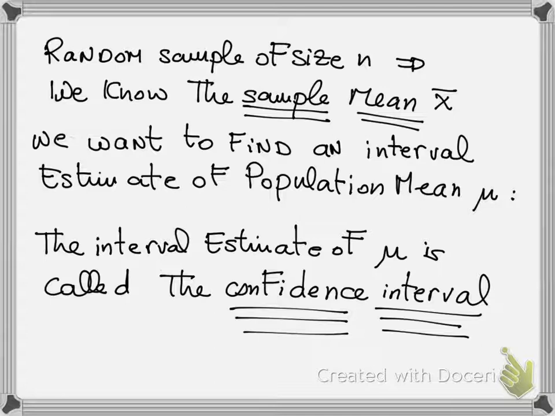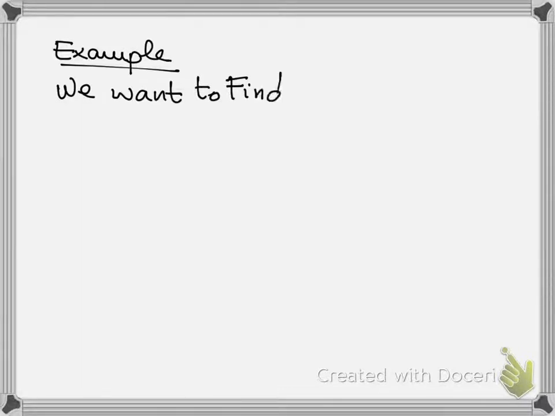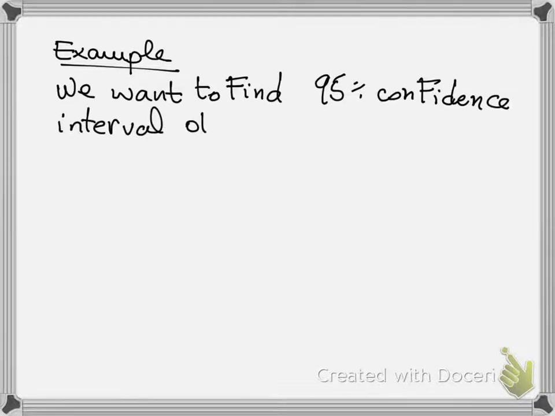And let's say, for example, we want to find a 95% confidence interval of mu. This means that the probability that mu belongs to the interval is equal to 95%.